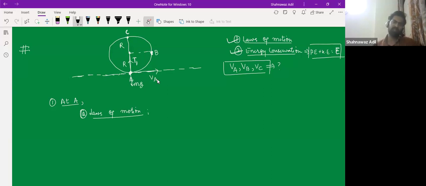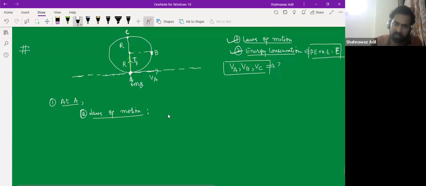So what would be the other force? Can you guys tell me? Somebody has written in the chat box: centripetal force. Yes, Maria, absolutely correct. So we have the centripetal force, which is towards the center.